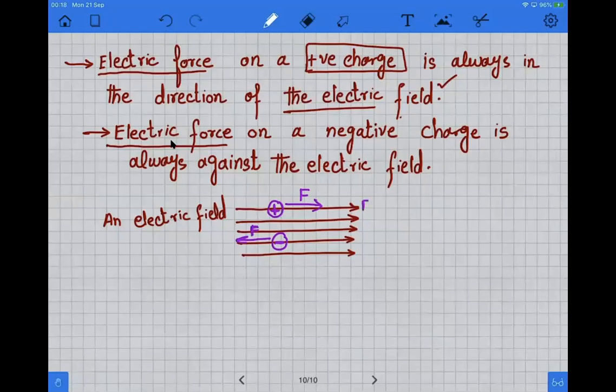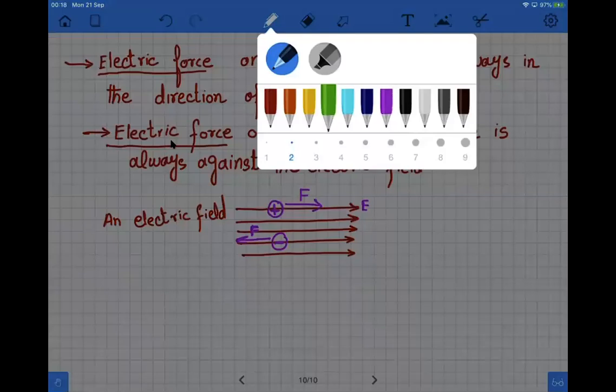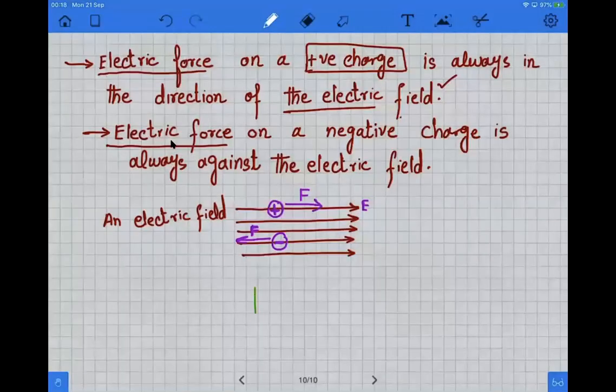So this is electric field. However, the electric field could be horizontal, vertical, or in any direction.